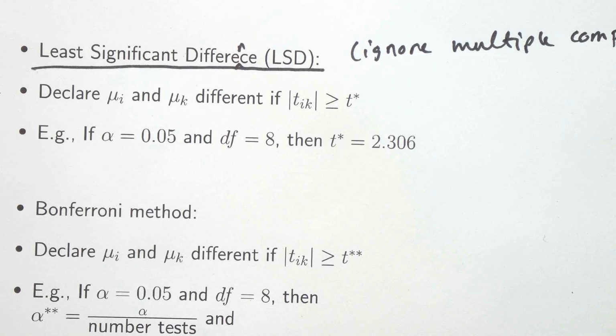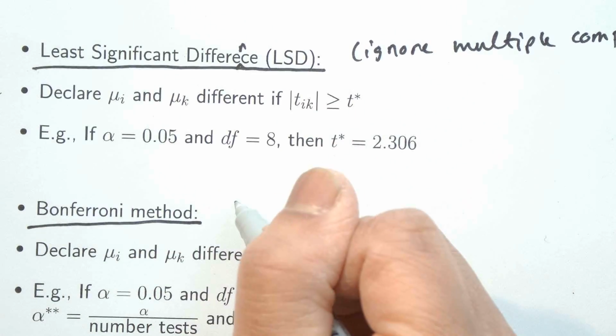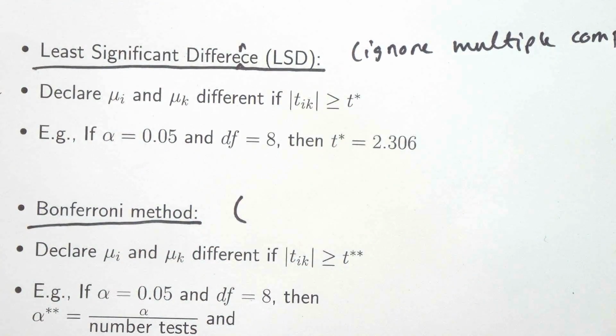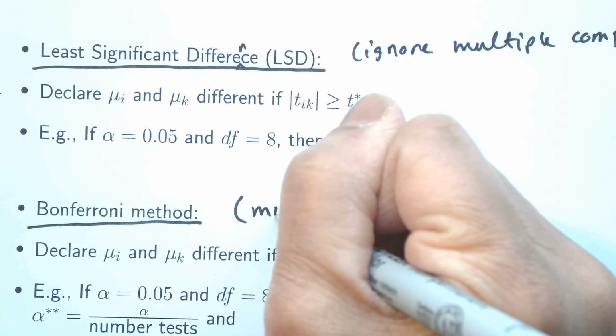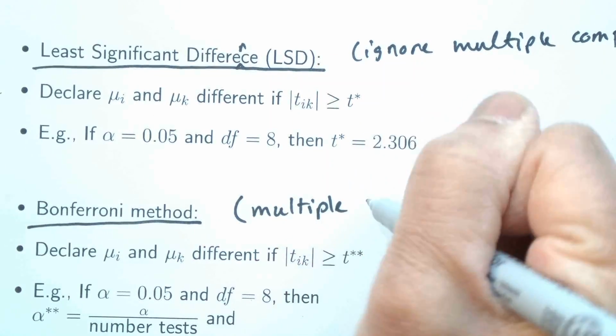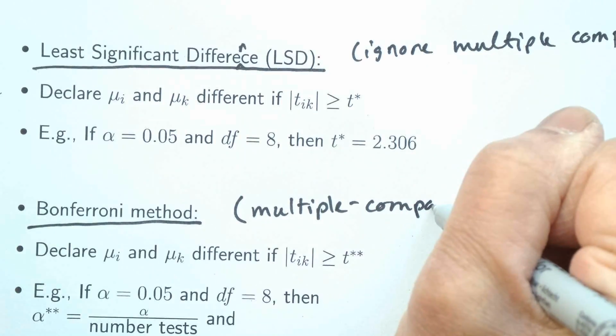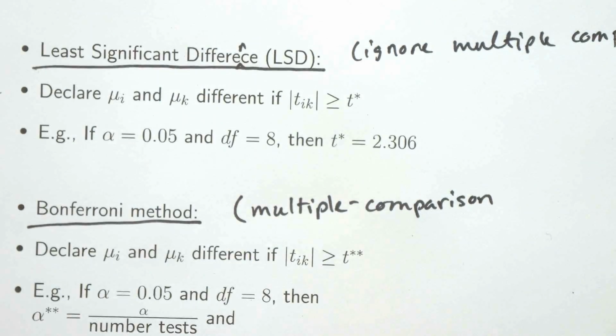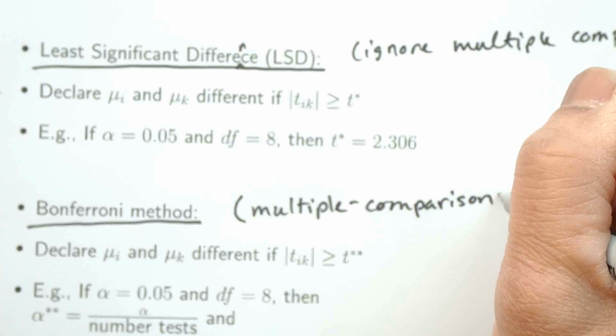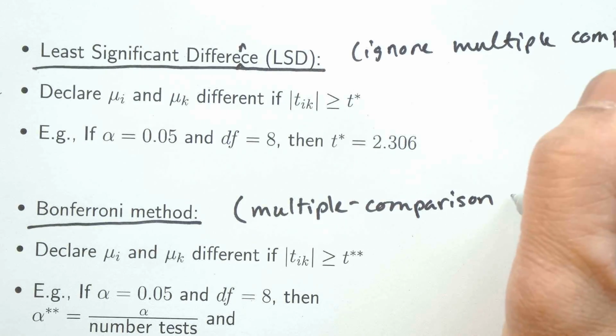The other approach is the Bonferroni method. There are actually many different ways of dealing with multiple comparisons, but this is an easy one, and so this is the one that's often taught first. Multiple comparisons are accounted for.